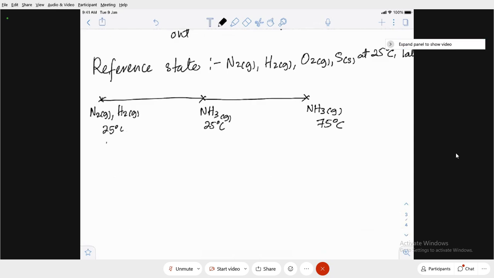Over here, your enthalpy is 0 because that is your starting point. Then you form it, the heat of formation of ammonia, and you integrate the Cp of ammonia from 25 to 75. That is the heating part. So this is how to get your enthalpy for ammonia.